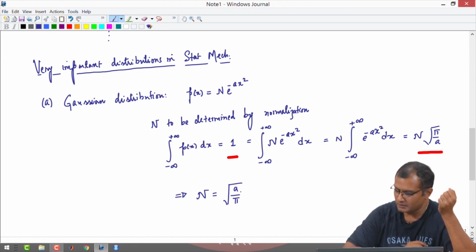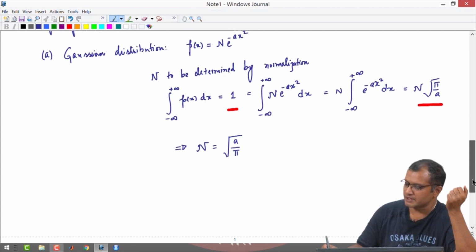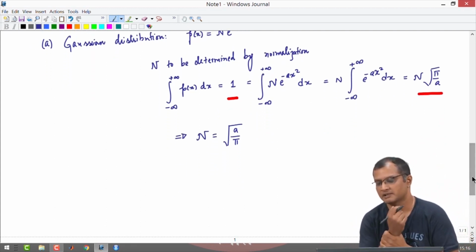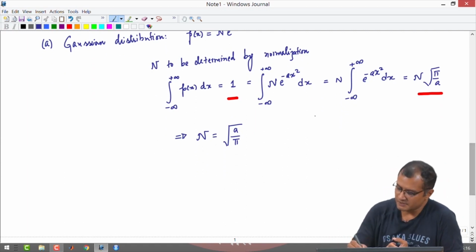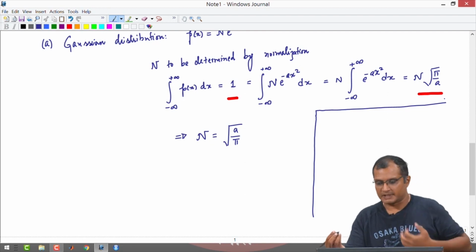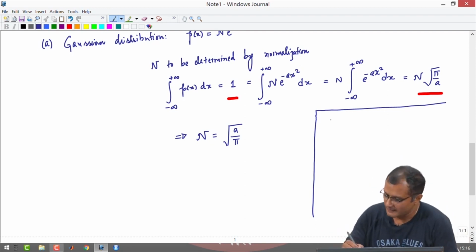Okay. Now, if you do not recall your Gaussian integral and you are wondering how I wrote square root of pi by a for the integral of e raised to minus a x square dx, this is a very simple calculation that you can do. This is just for those who do not remember this result of the Gaussian integral.